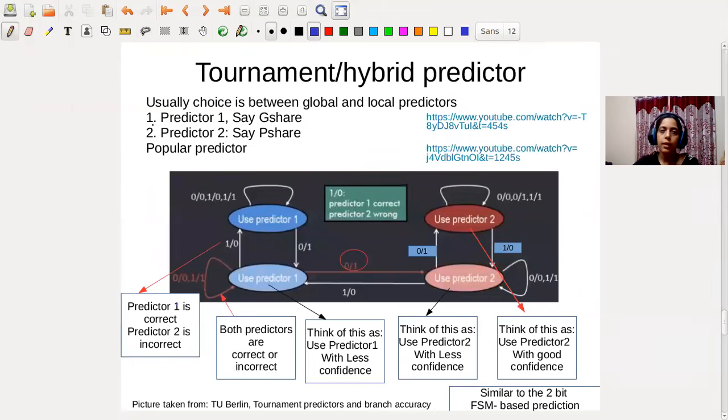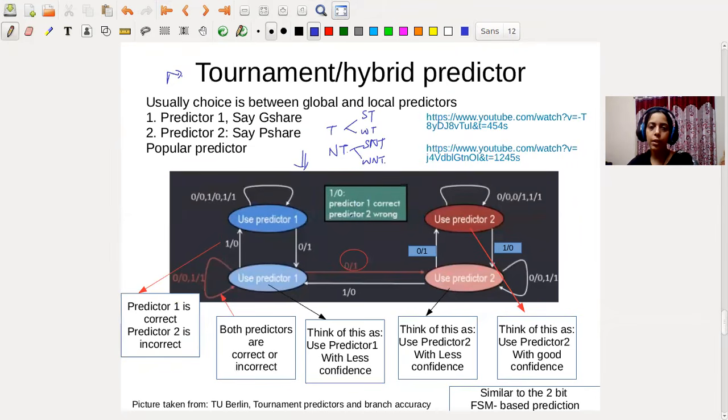So we look at one type of hybrid predictor. It's also called tournament predictor. What this does is it chooses between two types of predictors. We have seen this kind of an FSM before, where we were choosing between two states, taken and not taken, and we had basically divided this into strong and weak, and this again into strong and weak.